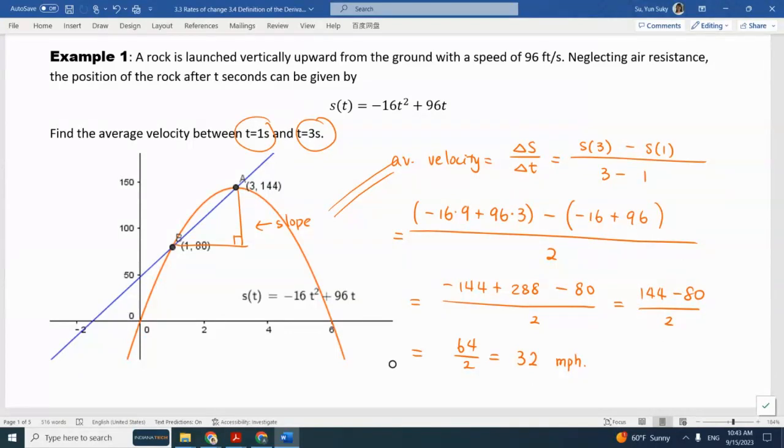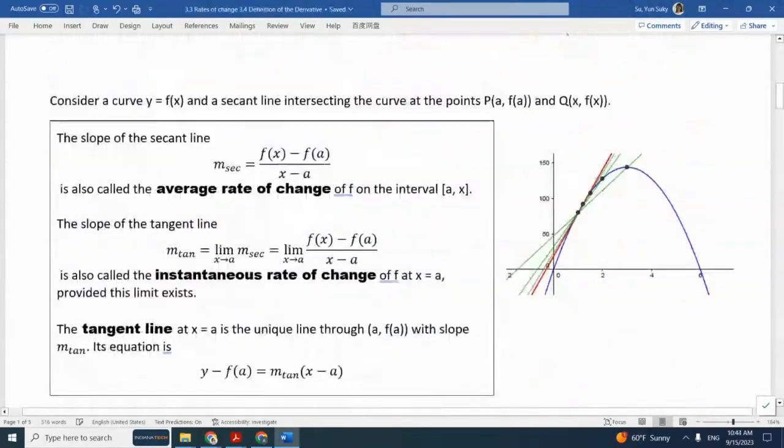Isn't the unit supposed to be feet per second? Oh, you're right. Thank you. Yes, feet per second. Sorry, I didn't look at this carefully. Feet per second. Yes. Okay, so this is example 1. Good. Okay, let's keep going.